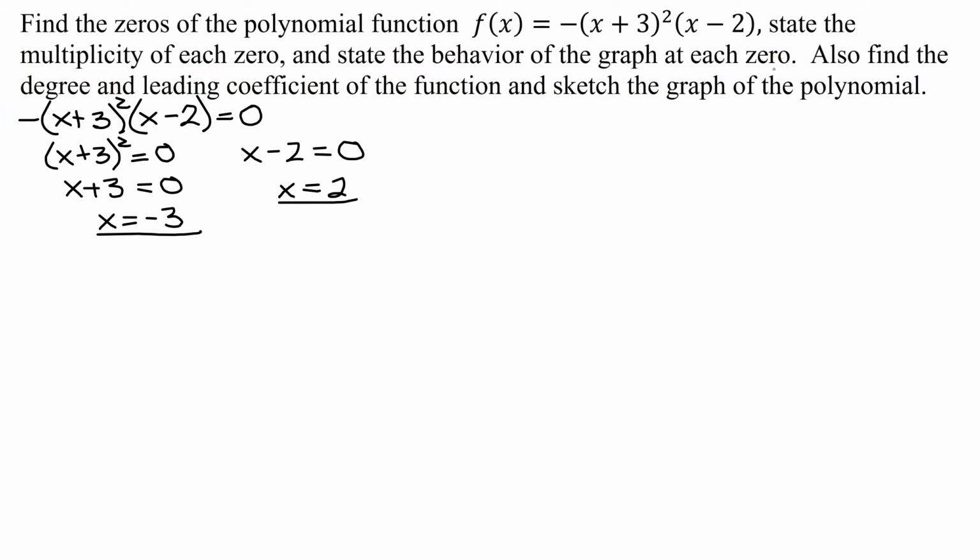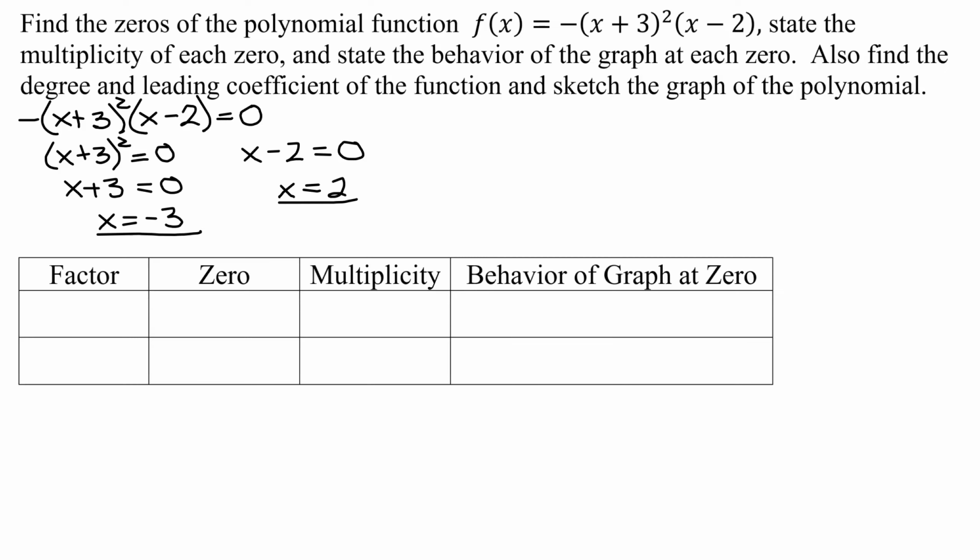We're going to have a lot of information, so I often find it helpful to write the information in a table like this. I start with my factor. So here I had my factor of x plus 3 all squared. The zero that went with it was x equals negative 3.